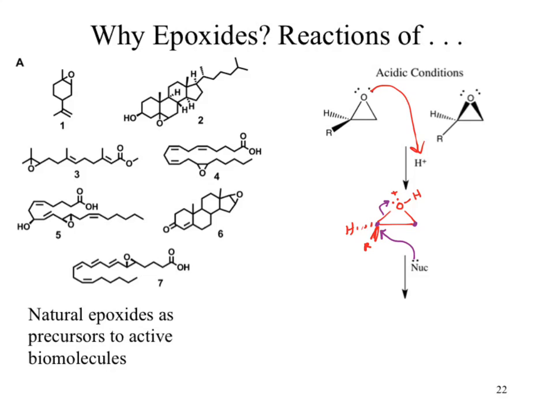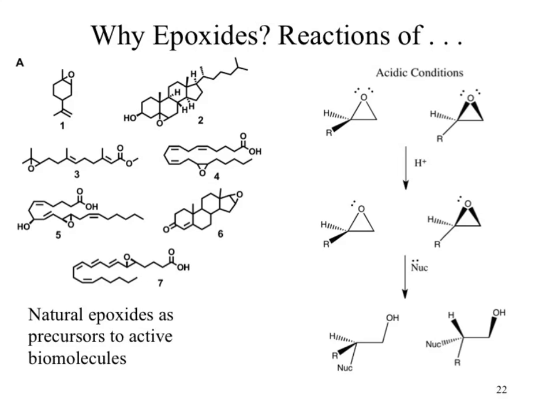It still goes through a backside attack, because that bond doesn't quite want to break off on its own, so that oxygen does kind of hover up there and block the other attack. But we will have that nucleophile now attach, whoops, well, actually, it's about to show it in the next slide anyway. We'll have our nucleophile go through and attack the least substituted position. Sorry, you're right, most substituted.